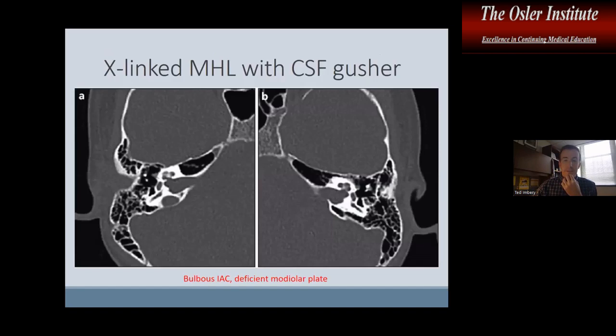So the X-linked stapes gusher, these patients are going to often have an associated bulbous internal auditory canal and a deficient modiolus that will allow egress of fluid if you're doing a stapedotomy or surgery. So again, for a young patient with suspicion for a congenital stapes fixation, I would recommend imaging to rule this out.